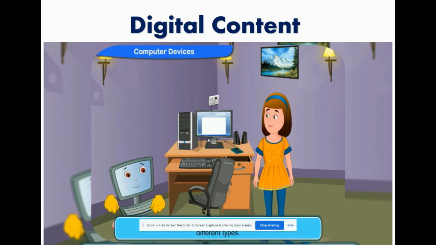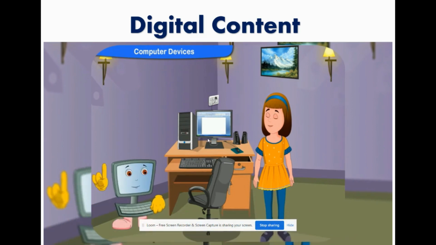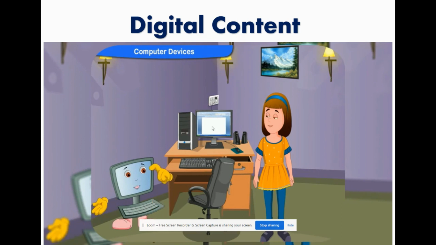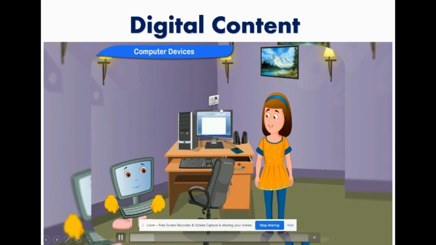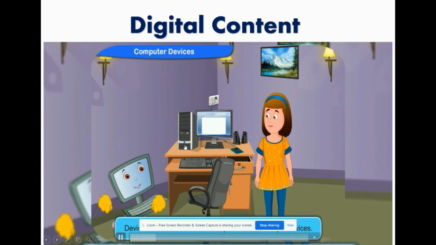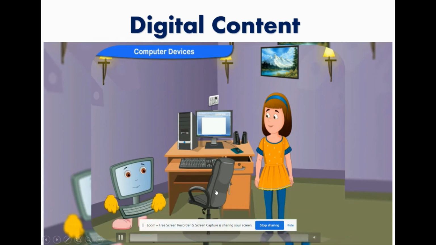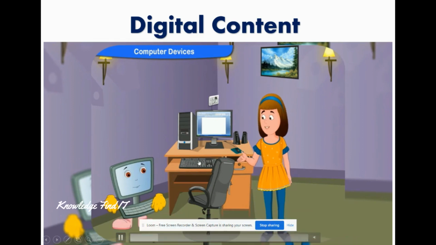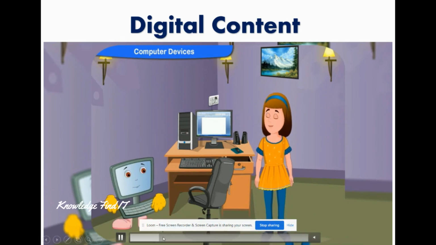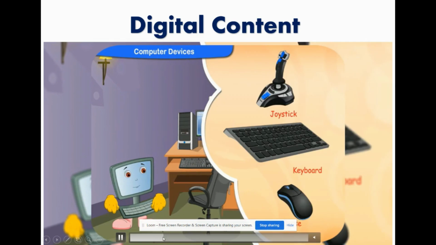So, there is a similarity between the human and the computer system. The human system is a collection of organs. As well, the computer is a collection of devices called input, output, and storage devices. Here, you can observe those devices in your environment.